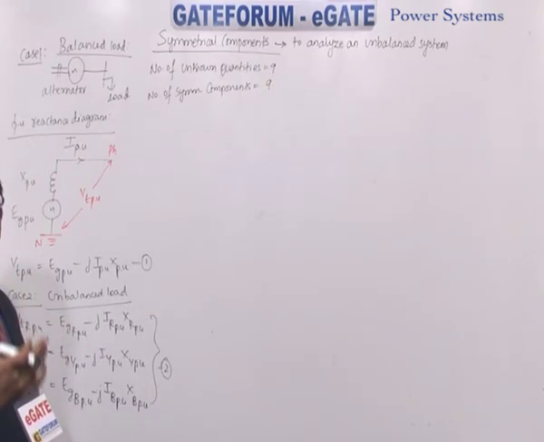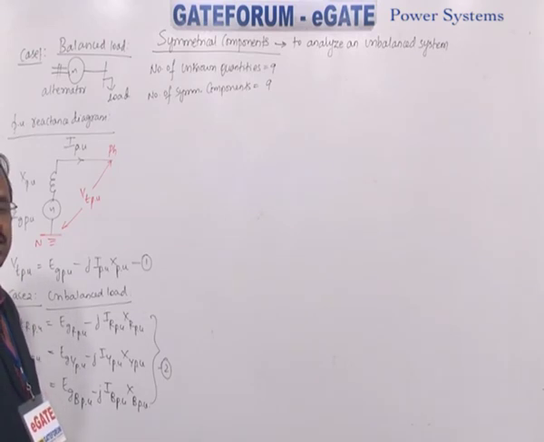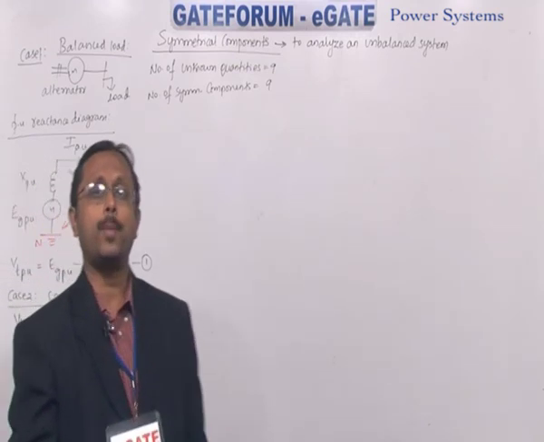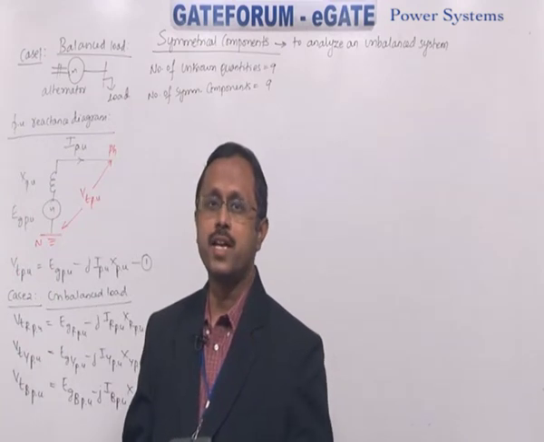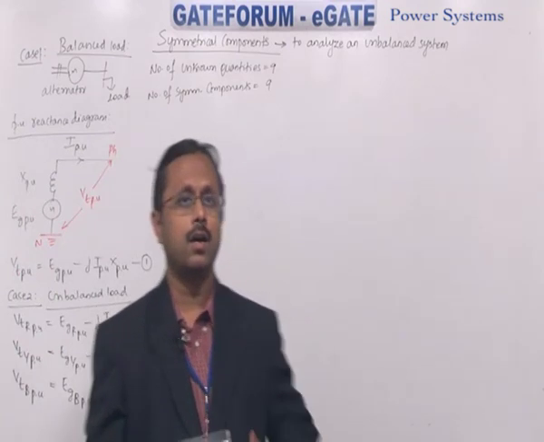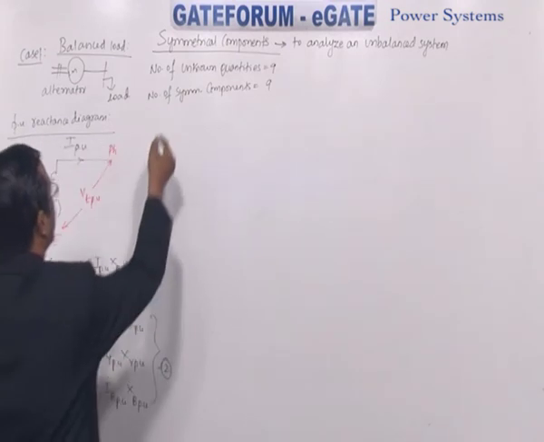Evaluating 9 symmetrical components is time consuming. So check how to minimize the symmetrical components. For that, you should know about operator K, or you say a or alpha.